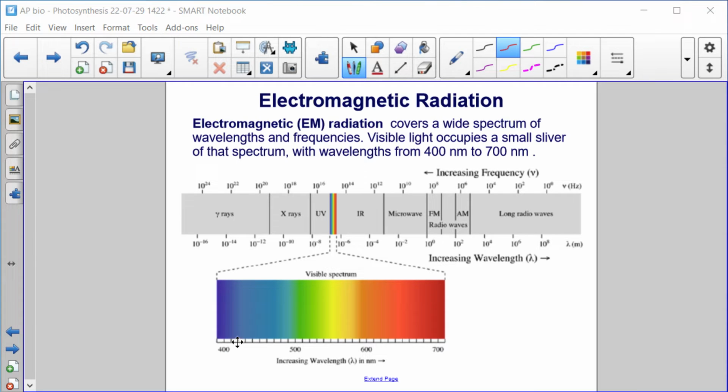So blue-purple light has the shortest wavelength, and remember from the previous slide, the shortest wavelength has the higher energy. And red light, with a longer wavelength at 700 nanometers, has lower energy.